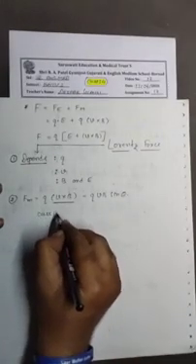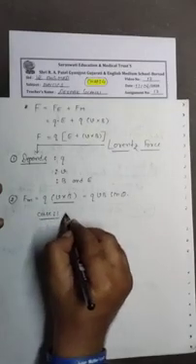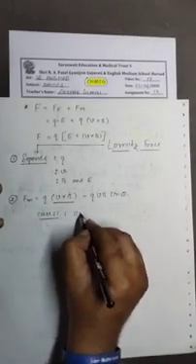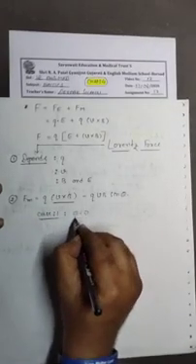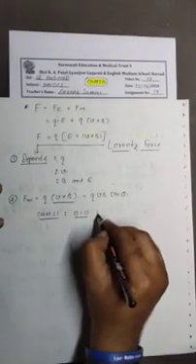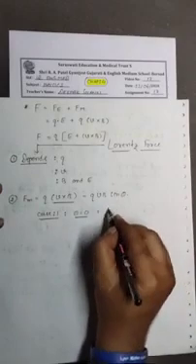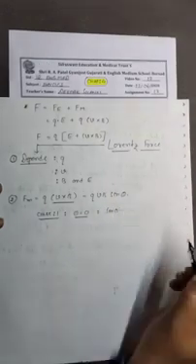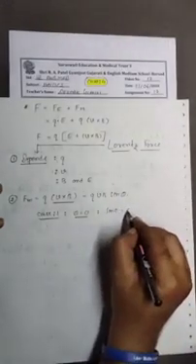Let us take case number 1. If we take theta equal to 0, put theta equal to 0 here, so you will get sine 0, which is equal to 0.